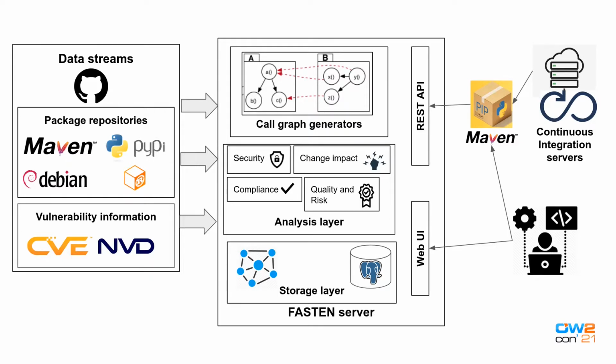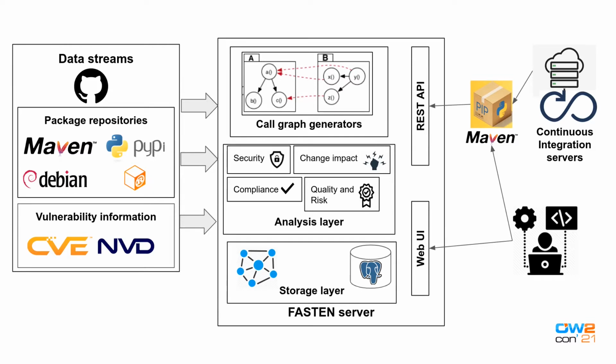Then from the developer's perspective, how do you interact with FASTEN? Actually, most of it will happen through already existing dependency manager tools, such as Maven or pip. They will query FASTEN to get the call graph already generated for the dependencies. Also, part of the call graph generation will happen locally where the dependency manager tool is running.